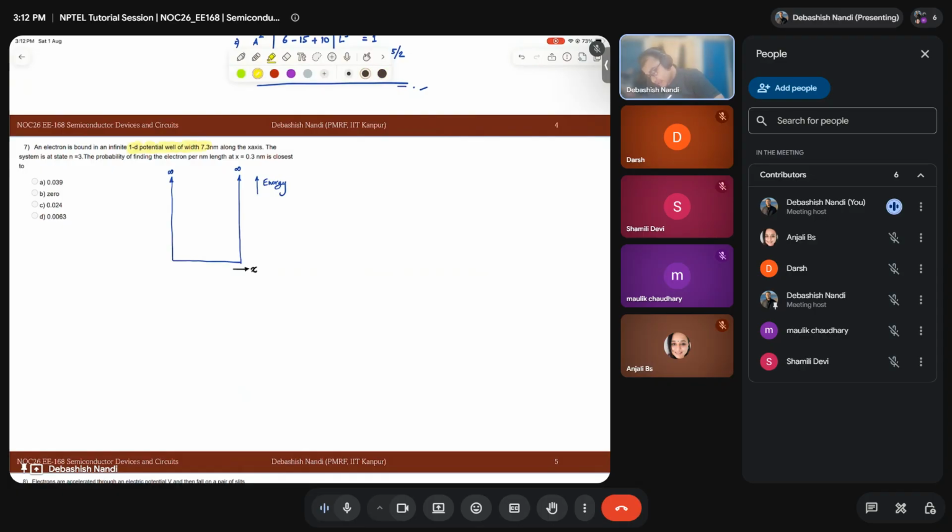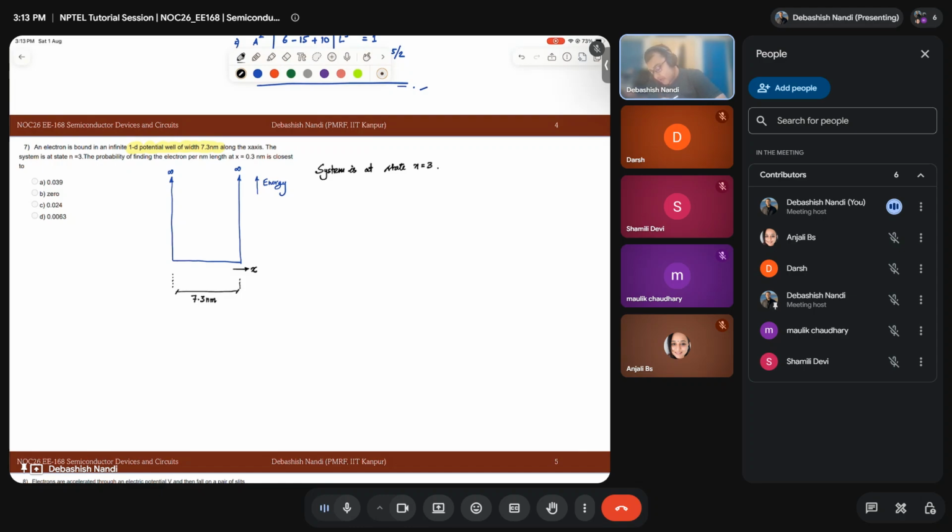Okay. So what is mentioned in the question: potential well of width 7.3 nanometer. That means the width of this potential well is 7.3 nanometer, and then along the x-axis the system is at state n equals 3.